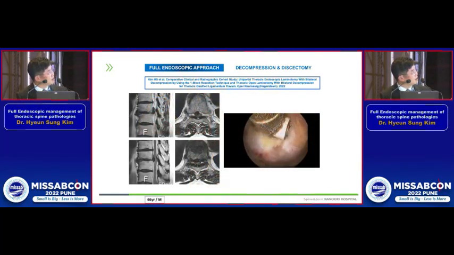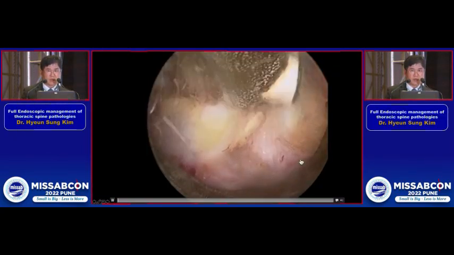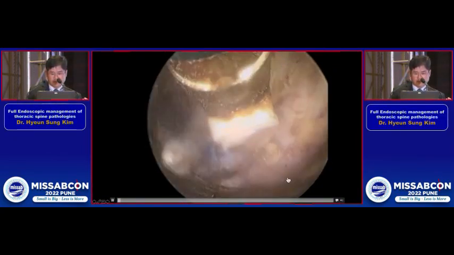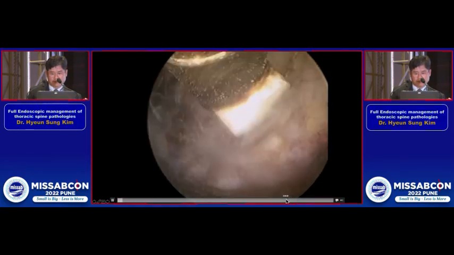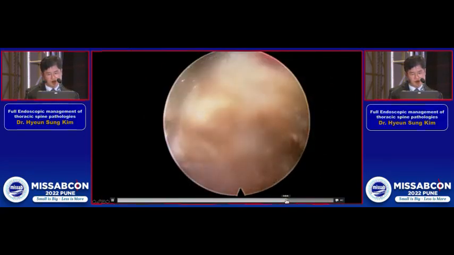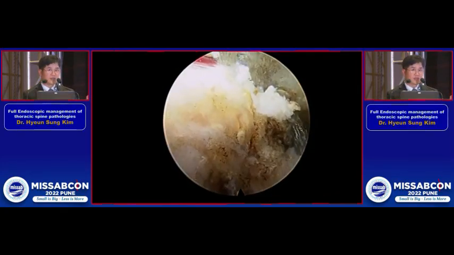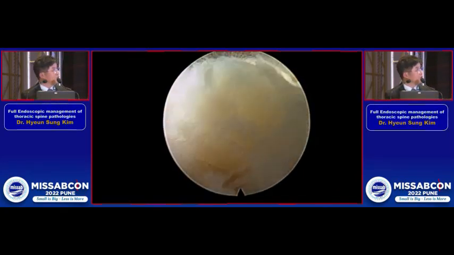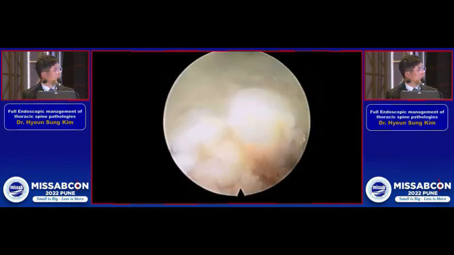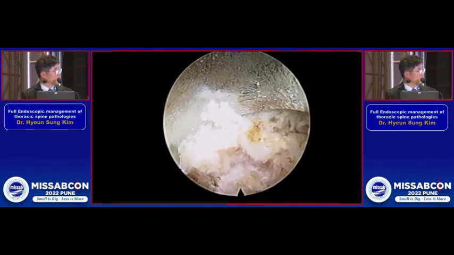For example, like this case, this patient has a huge disc pathology and posterior ossified ligamentum problem together, because of that the patient came to my clinic with weakness. After the same procedures, you can see after resection of the ossified ligament problem, we change to the small scope, then you can more safely move to the ruptured disc point.